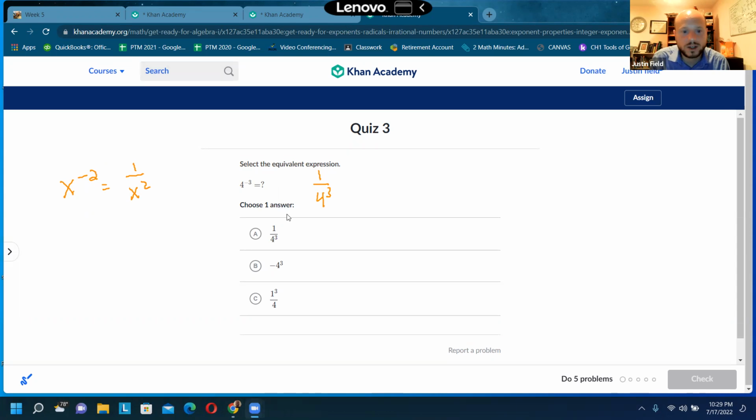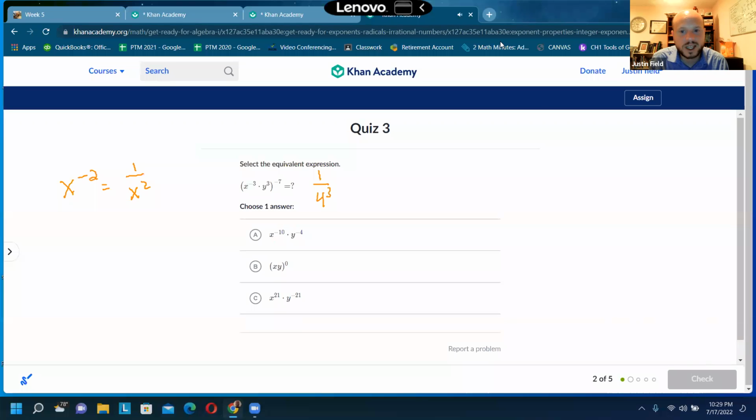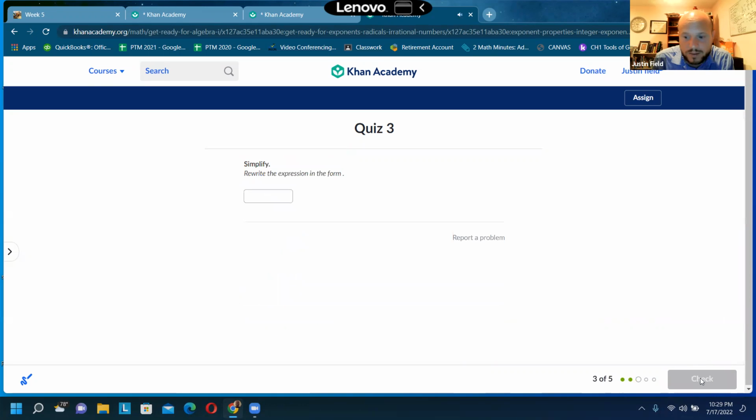And it works the other way too. If it's negative on the bottom, it would be positive on the top. And the properties of exponents multiply just like we did in the last quiz. So that would be x to the +21 and y to the -21. There you go.